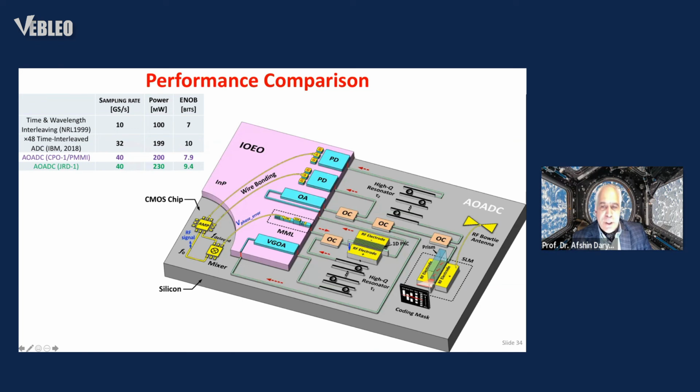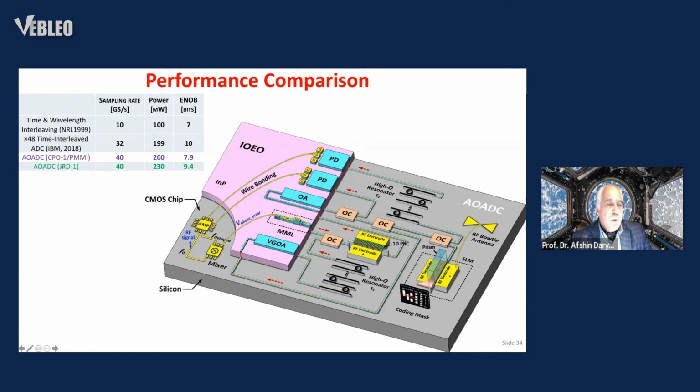And this chip is going to have the capability, using the CPO1, of 40 gigasamples per second, with power consumption of 200 milliwatt and an effective number of bits of 7.9.